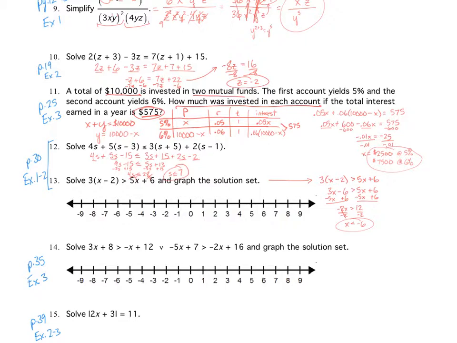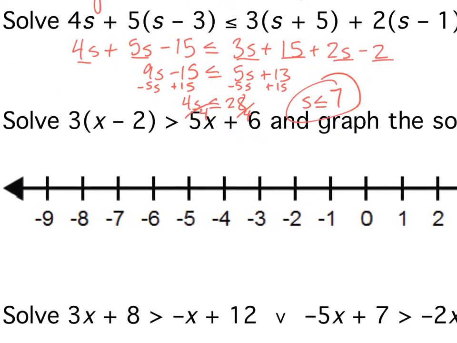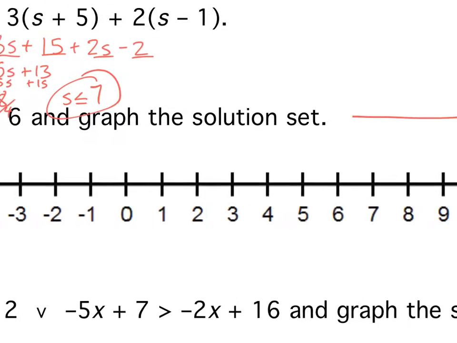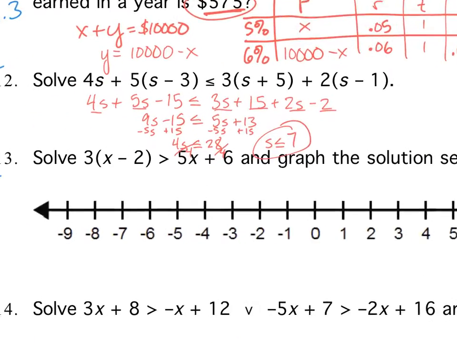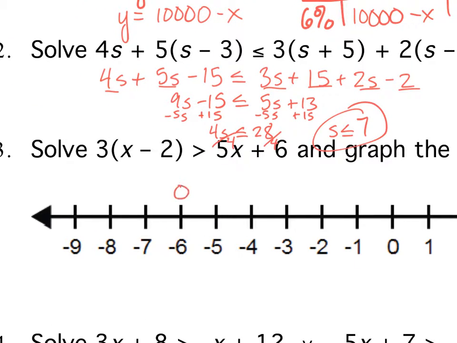So first of all, I need to find the number, negative 6 here. And then I need a circle on it. The circle will be filled in if there's an or equal to sign. It will be open if there's not. I do not have an or equal to sign, so on the negative 6, I'm going to have an open circle. And I'm going to draw mine above the line so it's clear what direction I'm about to draw this arrow.